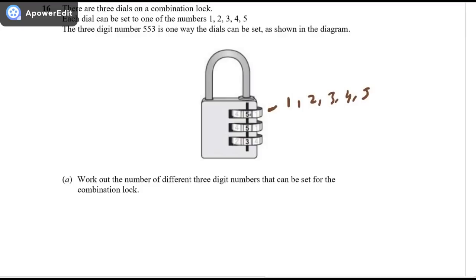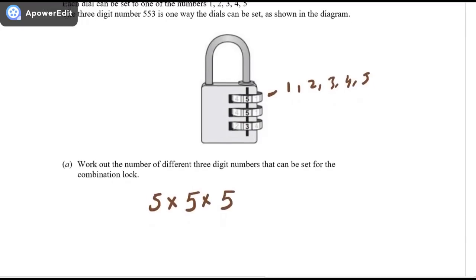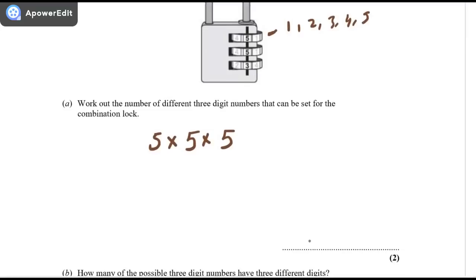So the first dial, you have 5 different ways, isn't it? Because you can choose 1 and then 2, 3, 4, 5. Same for the second dial, you have 5 chances as well, because the number is from 1 to 5. And again for the third dial, you have 5 chances again. So when you times together, 5 times 5 times 5 is going to be 125. So you have 125 combinations.